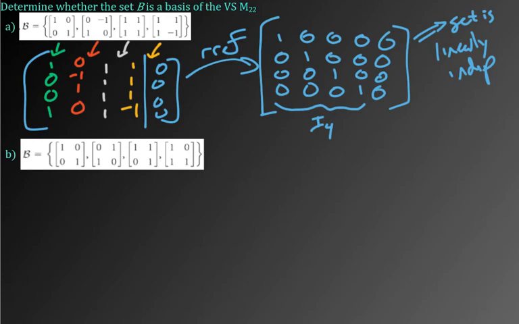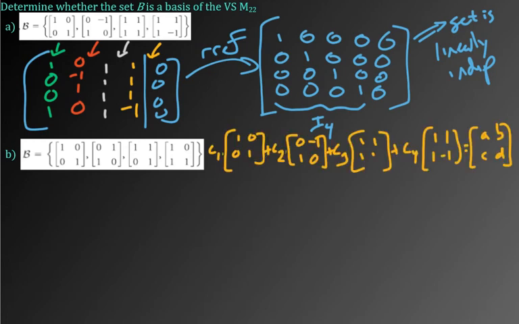Then to do that, what I've set up here is C1 times the first matrix, which is a vector, plus C2 times the second, plus C3 times the third, and so on. And I'm basically setting it equal to an arbitrary 2x2.